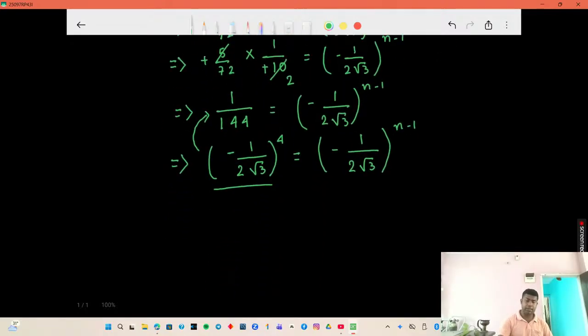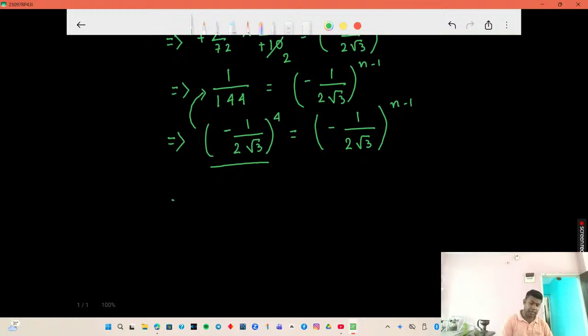So you can see here the bases are equal. What is the base here? Minus 1 by 2 root 3, and here also minus 1 by 2 root 3. And we know that in exponents, if the bases are equal, the powers are also equal. Is it clear to you?